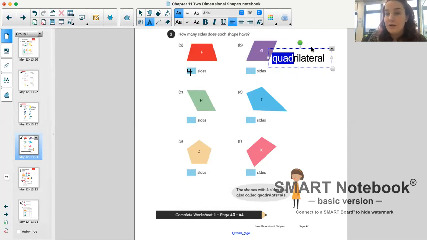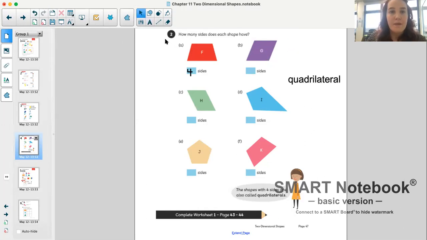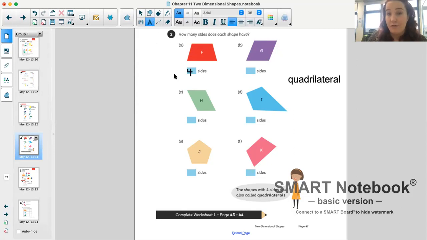But actually, these quadrilaterals have fancy names. So let me just move things around. Okay. Now this quadrilateral, because it's got 4 sides, is called a trapezium. Okay. Because it's got a short side, a long side, and then these 2 other sides like that.